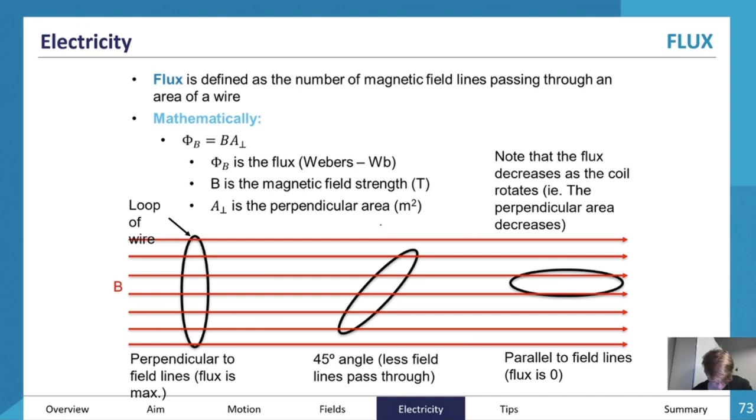But with magnetic flux, I like it, but I hate it as well, right? I like flux, but I hate it too. The reason for that is because it's a bit complicated.